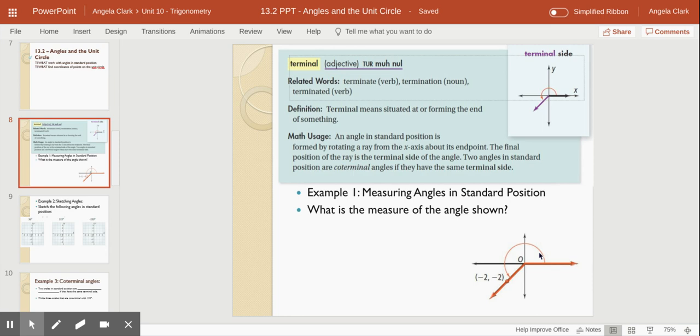And I'm going to talk about a shortcut that I want you guys to know. If this is my reference angle, remember in that video on the unit circle I talked about reference angle, that's going to be your first quadrant angle.